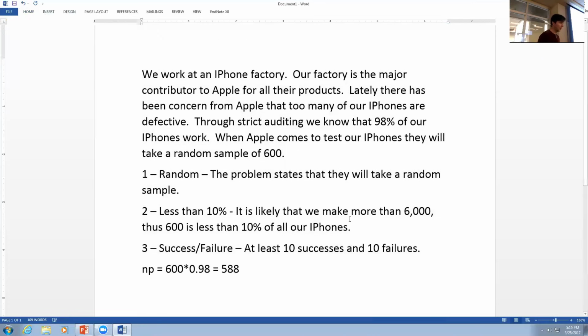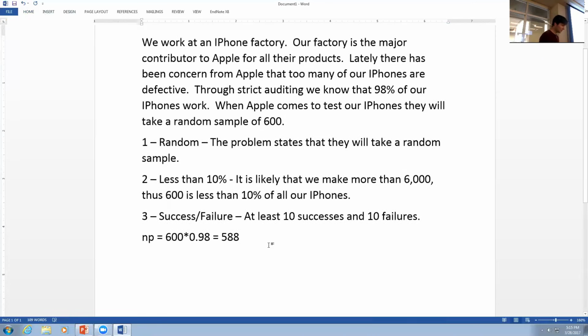And then nq. Does everyone see how I know what nq is? Because if p is 0.98, q is going to be what? If p is 0.98, q is bingo. p and q are complements. And you actually don't need to do the math. One quick way to check to make sure you've done this properly, nice job online, is to make sure np and nq add up to n.